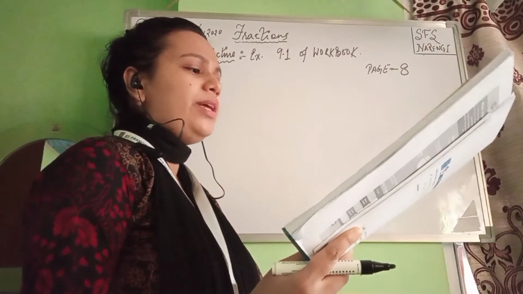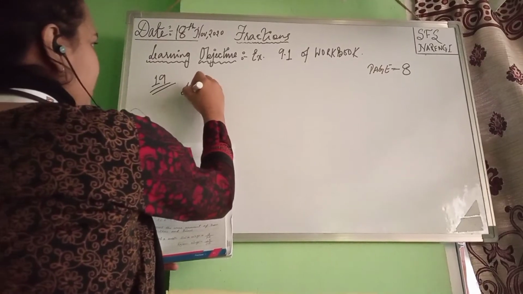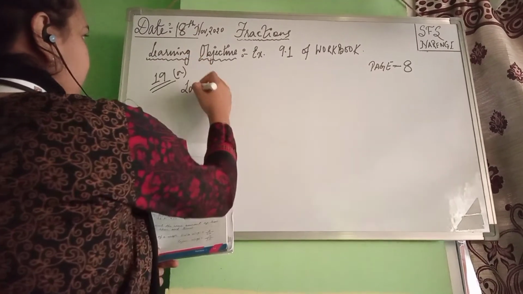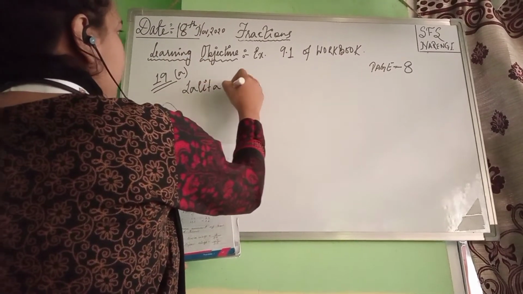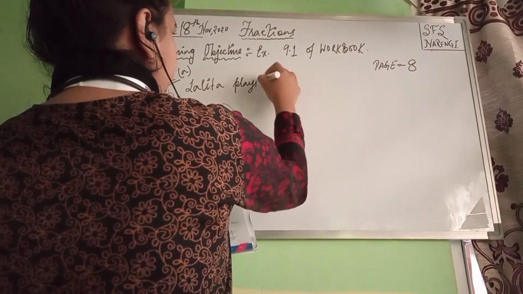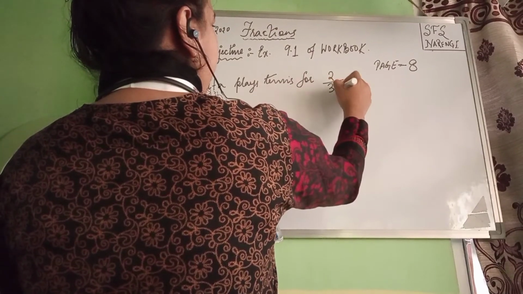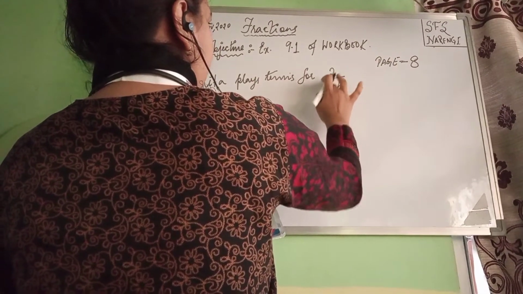Alright. So in the first question you have Lalita plays tennis. That is your part A. Lalita plays tennis for 2 by 26 of the month.